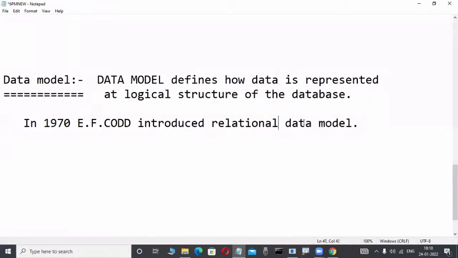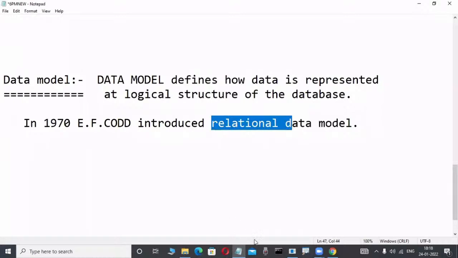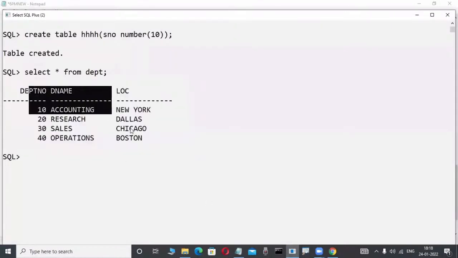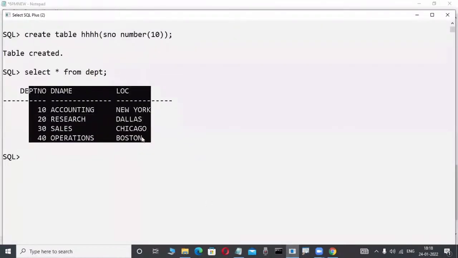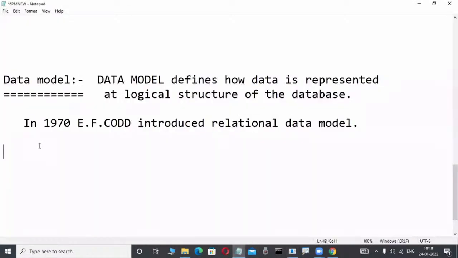Relational data model means what? What is the logic in a logical structure? How is data represented? Relational data model means in a logical structure, this structure is not visible in the operating system. In this logical structure, data is represented in the format of rows and columns. That is nothing but two-dimensional tables.